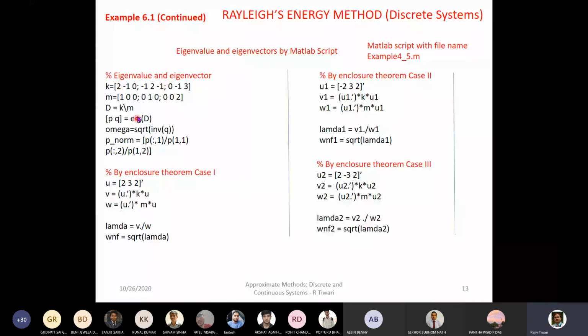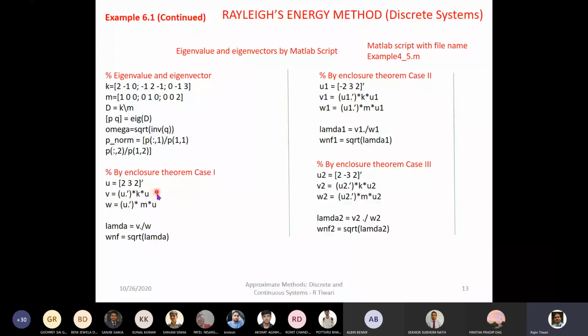I'm taking m divided by k, solving the eigenvalue problem, and obtaining the natural frequency by taking the square root. Then these are the eigenvector normalization. And here I'm using the Rayleigh quotient. This is not the enclosure theorem, this is the Rayleigh quotient using the energy method.